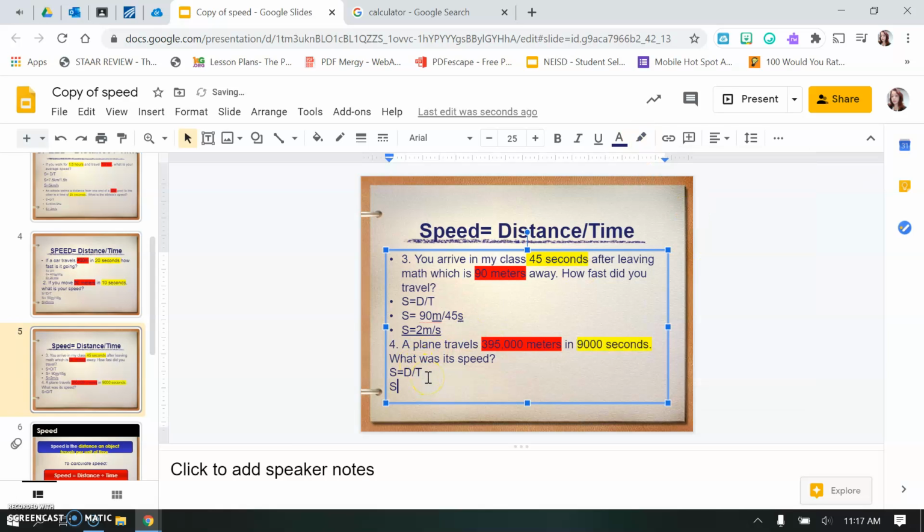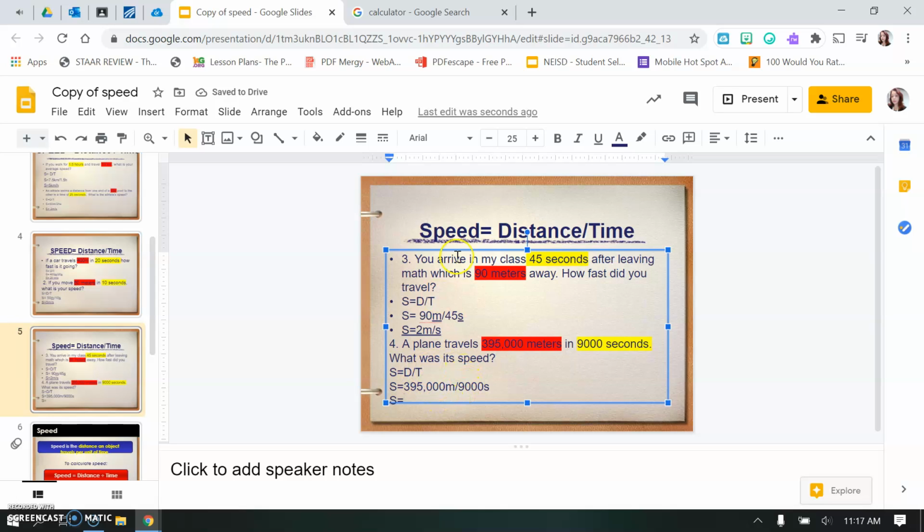So speed equals distance divided by time. Our distance, 395,000 for meters. Now insert the time into the formula. 9,000 S for seconds. So what would our speed equal?